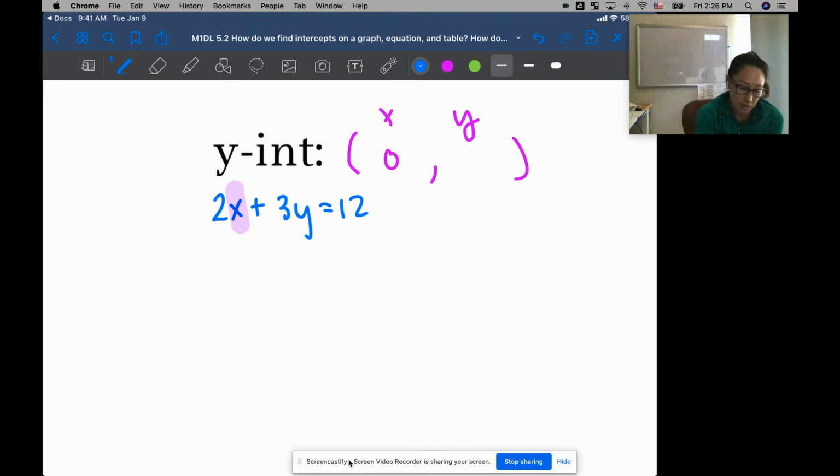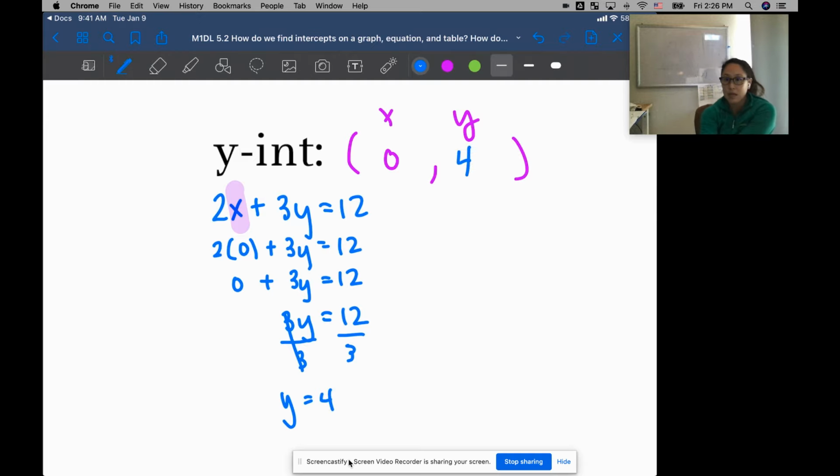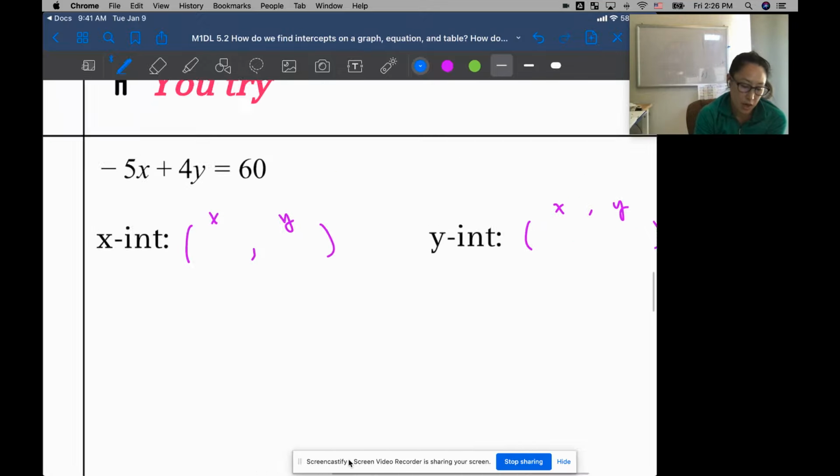Okay, so I have 2 times 0 plus 3y is equal to 12. 2 times 0 is 0, plus 3y is equal to 12. So I get 3y is equal to 12. Then to isolate y, I divide by 3. So I get y is equal to 4. So when x is equal to 0, my y-intercept would be 4. Okay, your turn. Give it a try.